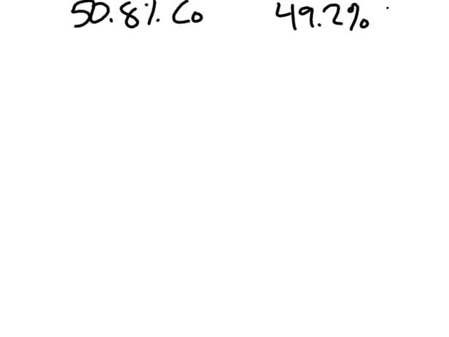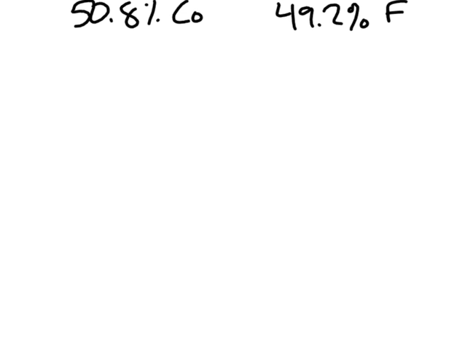49.2% fluorine. So the easiest way to go about this is just change them into masses, because the amount of cobalt and the amount of fluorine in this compound isn't going to change. It doesn't matter if I have 1 gram of it, or 100 grams of it, or 1,000,000 grams of it.